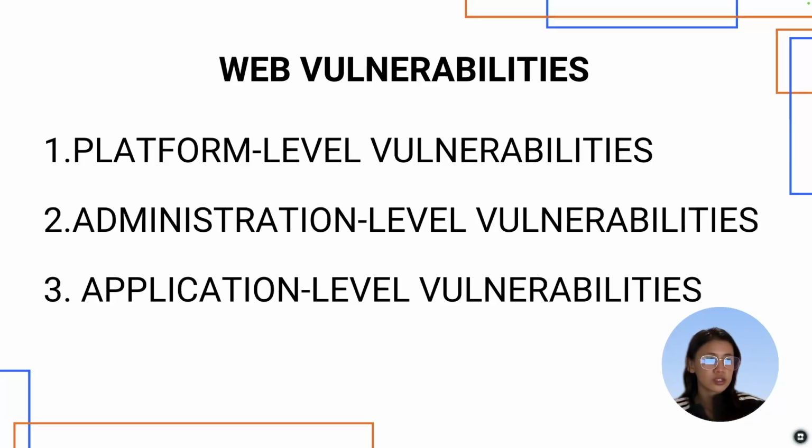For the administration-level vulnerabilities, these are more difficult to correct than known platform issues. So it requires increased security awareness. It involves misconfiguration, outdated files, and leftover components. So backup or remnant files may expose the source code or the database credentials.